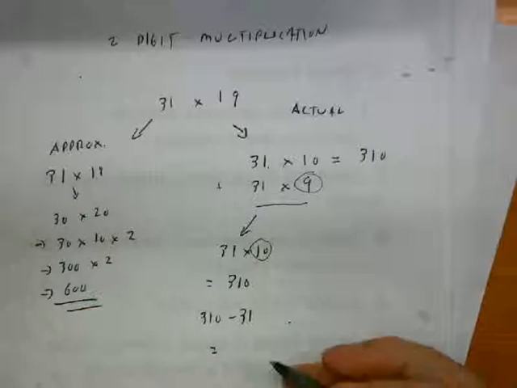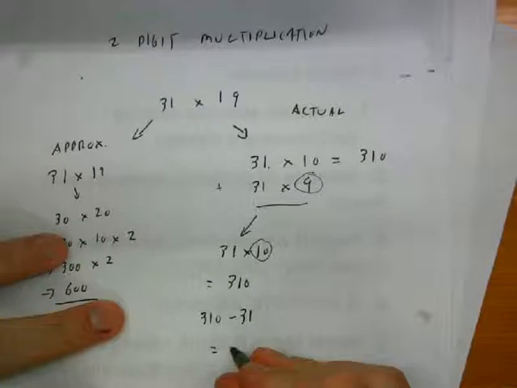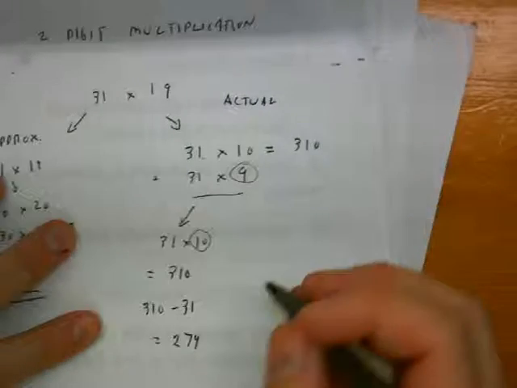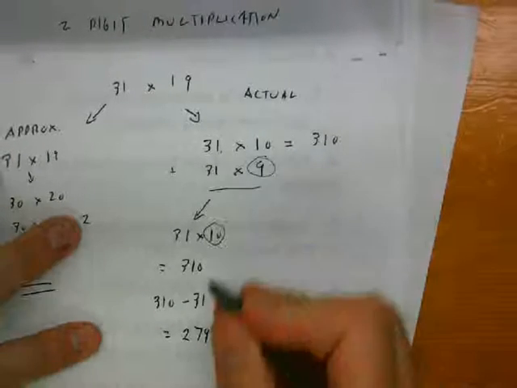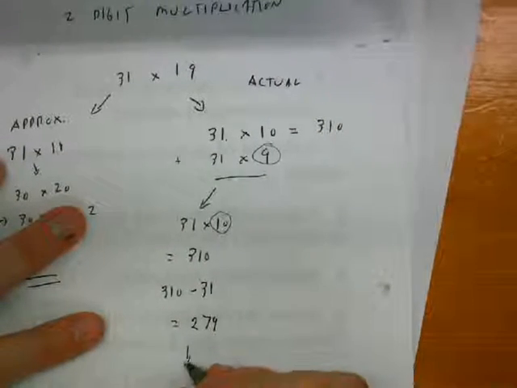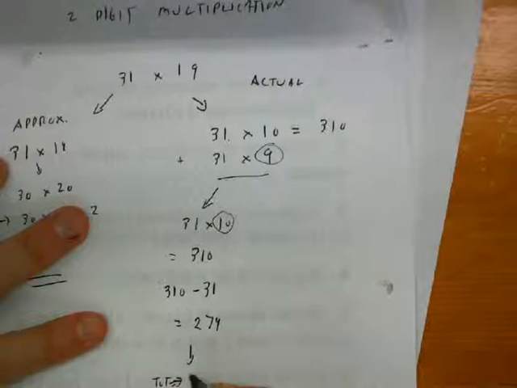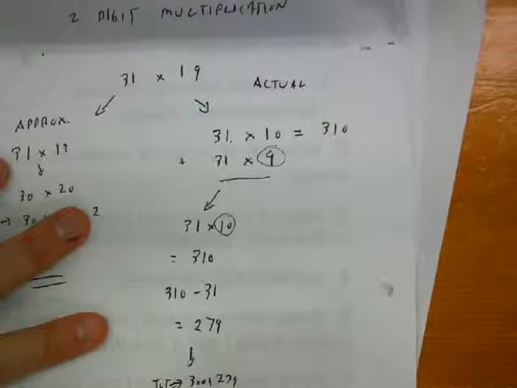And if we take 310 and subtract 31, we get 279. So now that we know that 9 groups of 31 is 279, to get our grand total, we would go 300 plus 279 equals 579.